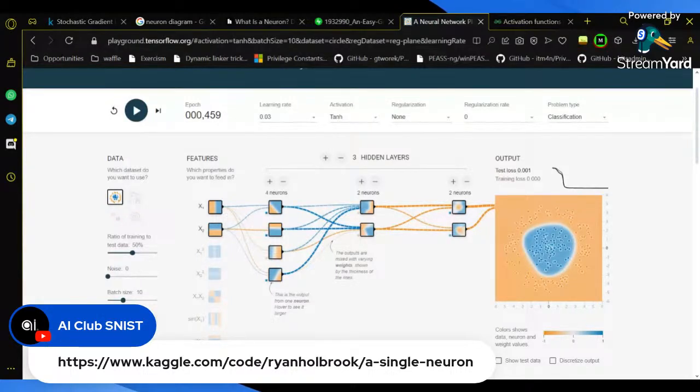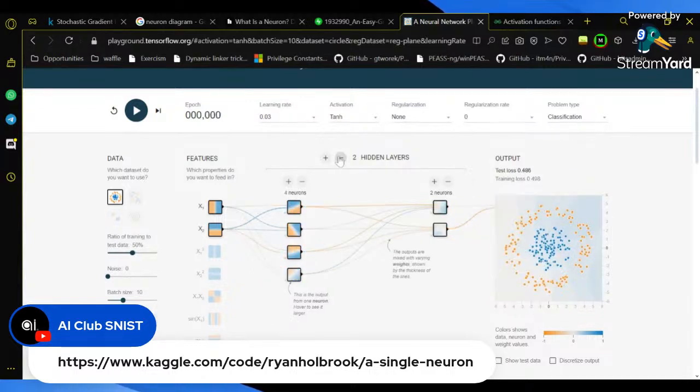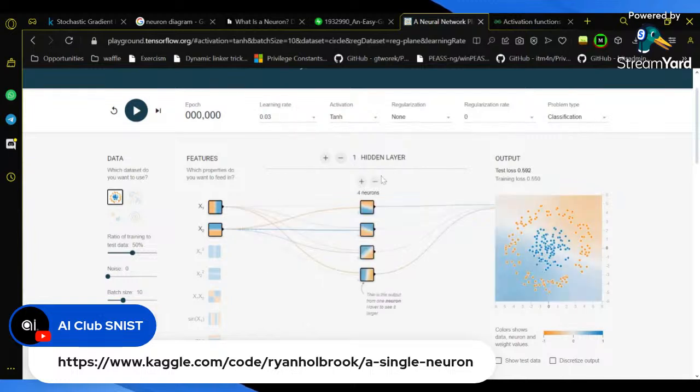Now we were talking about how the model works. If I increase the number of nodes in a layer, we call it wider. It works well for linear functions, but it does not work well for non-linear functions. Right? Let's put it to the test.